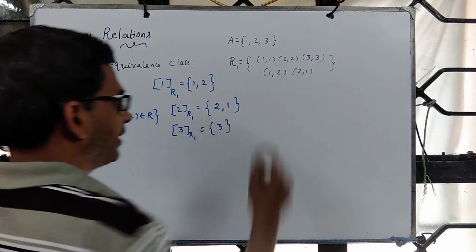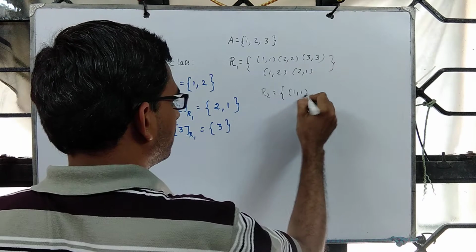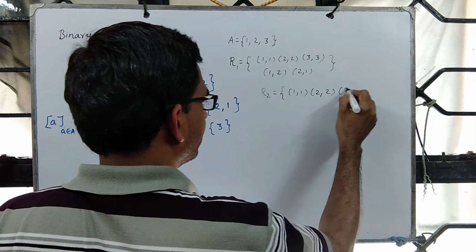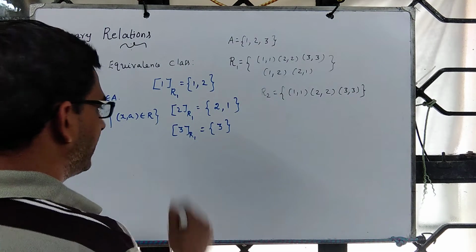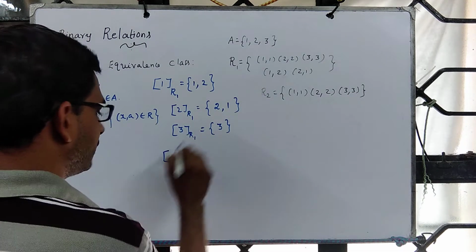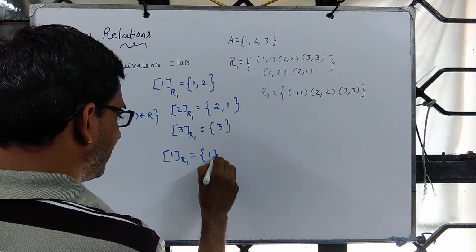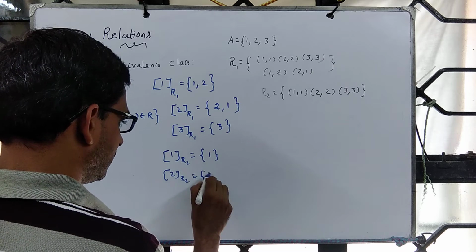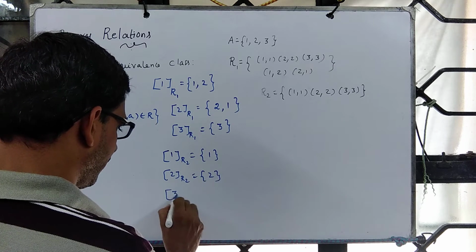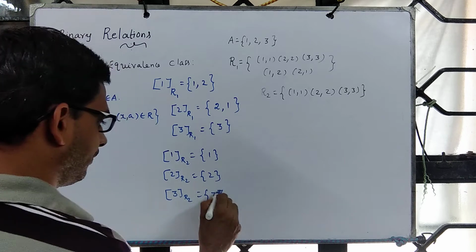Suppose the equivalence relation is {(1,1), (2,2), (3,3)}. Then we see that the equivalence class of 1 with respect to R2 is {1}, of 2 is {2}, and of 3 is just {3}.